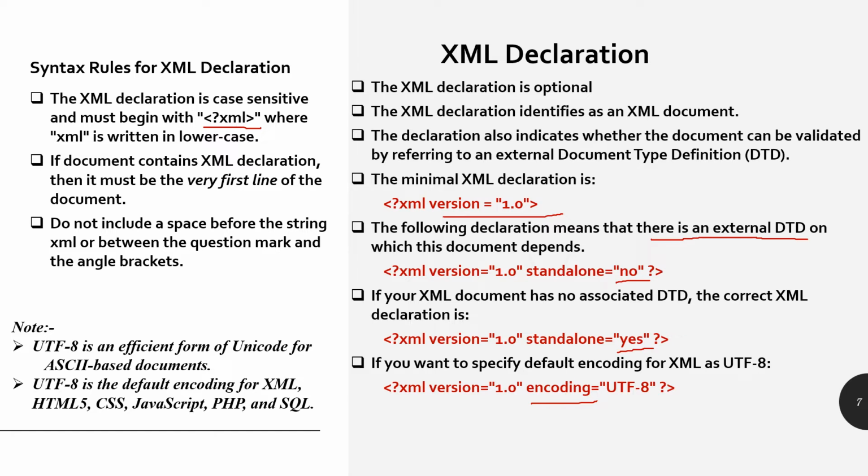In most cases, for HTML, CSS, JavaScript, PHP, SQL and so on, the Unicode used is UTF-8. These are ASCII based documents. This is the standard format we use. That is why we need to include the encoding as UTF-8.